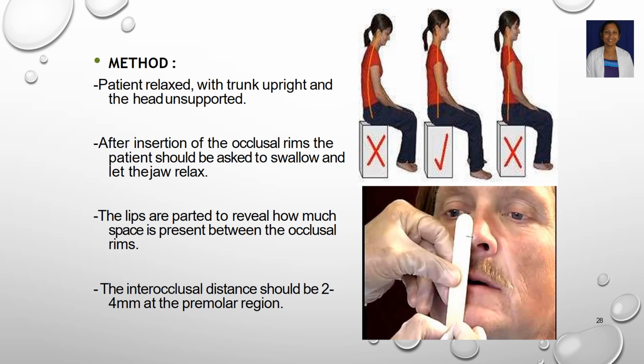The upper and the lower bite rims are inserted into the patient, and the patient is asked to swallow, and the jaw should be in a relaxed position. When recording, the lips should be apart so that we'll be able to see the space between the two occlusal rims. The space should usually be around 2 to 4 mm, that is the freeway space in the premolar region.